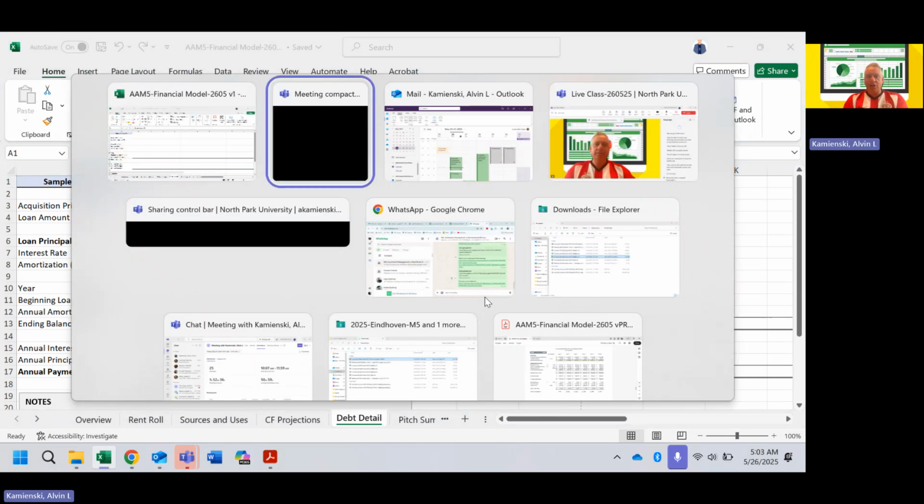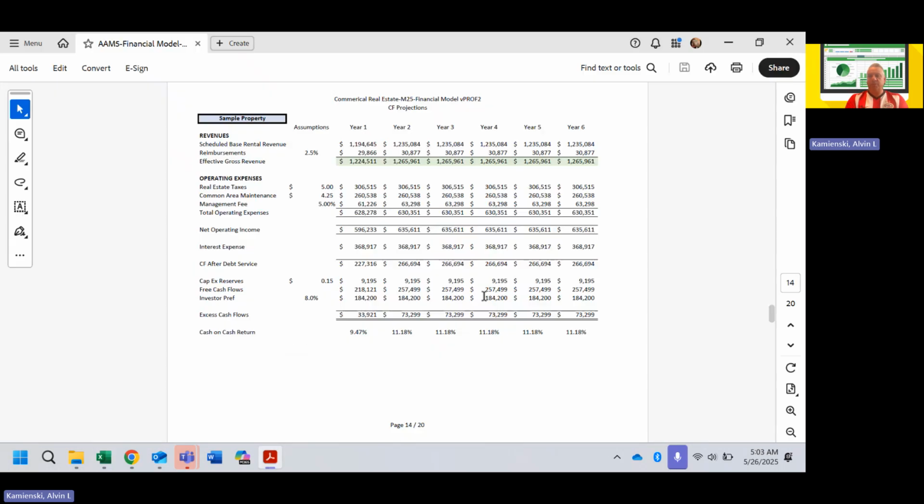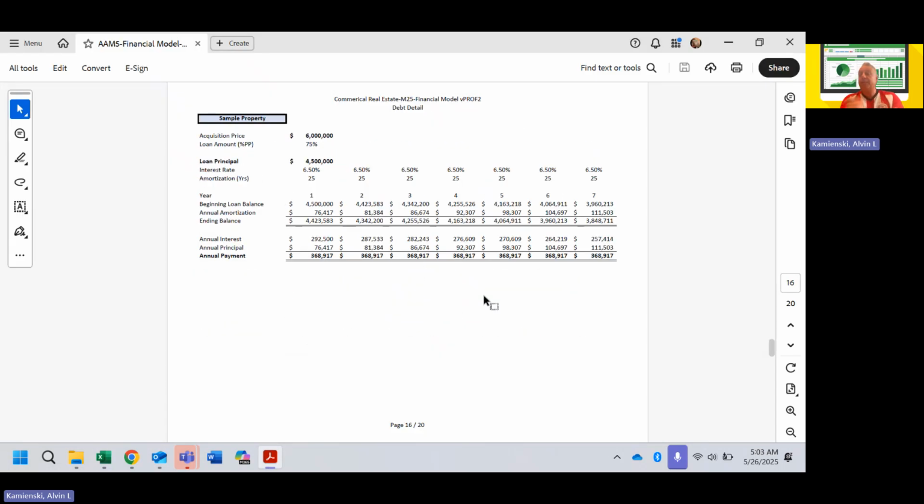So I'm going to have our little PDF open to the side with you. The PDF you want to look at is page 16 of 20, so we can cross-reference and see how we got all this to happen. The debt detail tab is largely going to tell us what we are going to be paying when we borrow, and what we pay will impact the amount that we borrow and how the value that we owe the bank decreases over time as we continue to make payments on our debt.